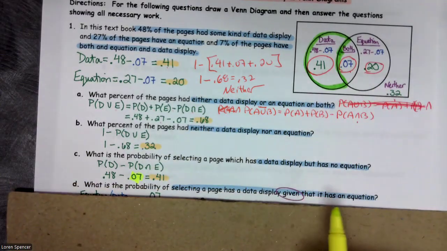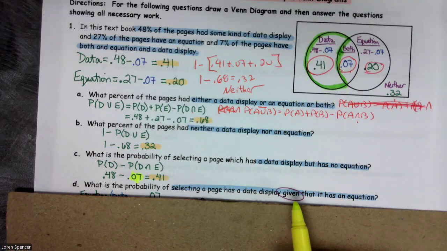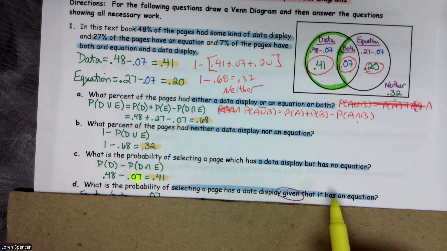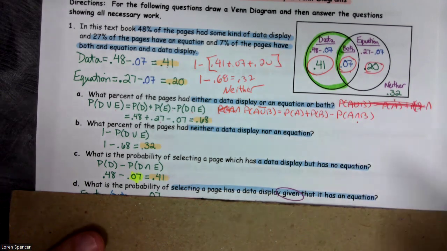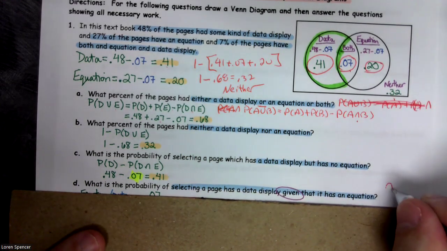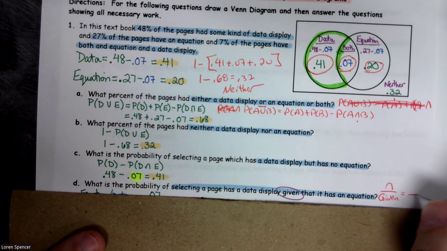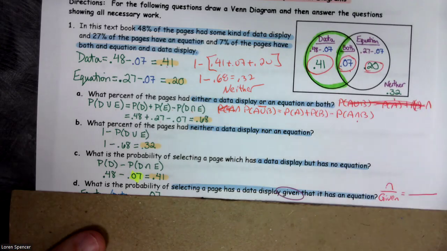What's the probability of selecting a page that has a data display given that it has an equation? Okay, so what were we given? Remember, it's always intersection over given. So if it's intersection over given, we were given that it has an equation. Well, what's the probability of an equation?